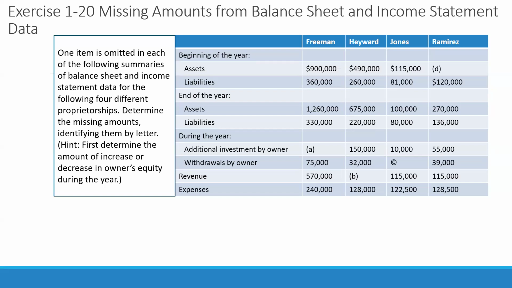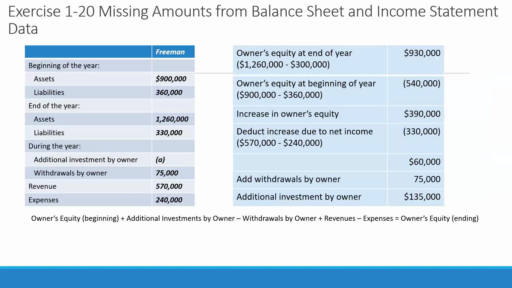We can calculate the change in equity. The increase in owner's equity is 390,000, and then you would decrease that for the net income of the business. The 60,000 is the change that was due to additions and subtractions by the owner to the equity.